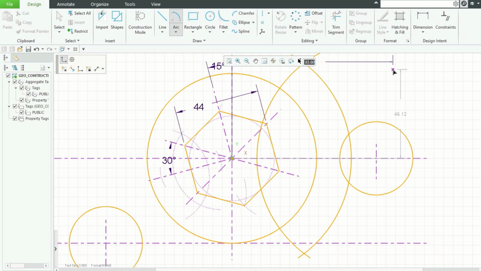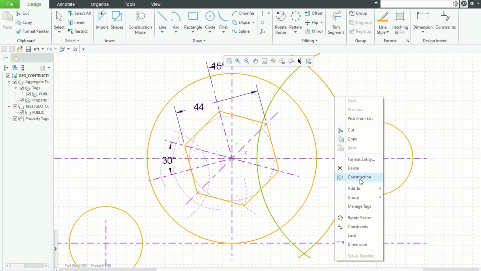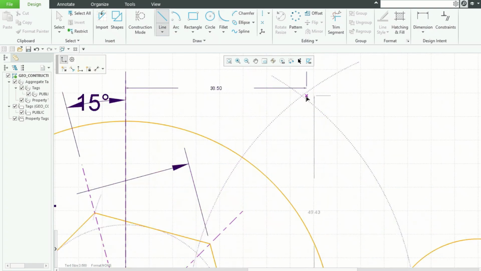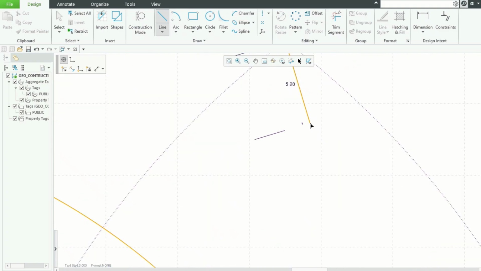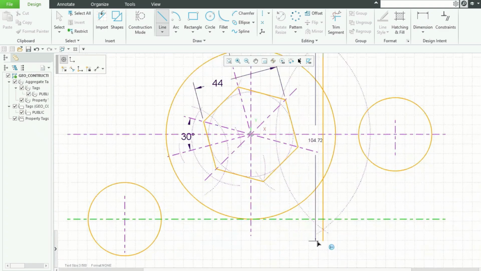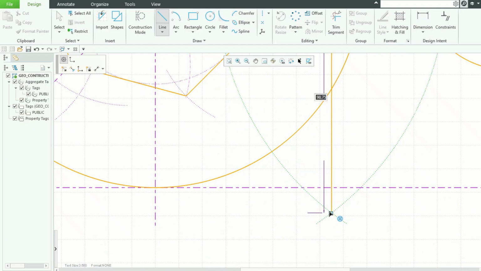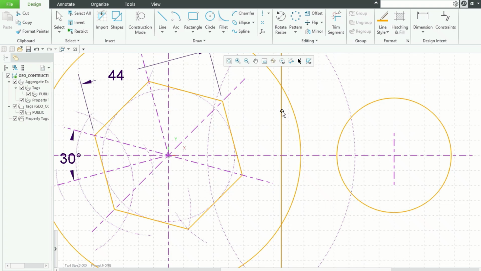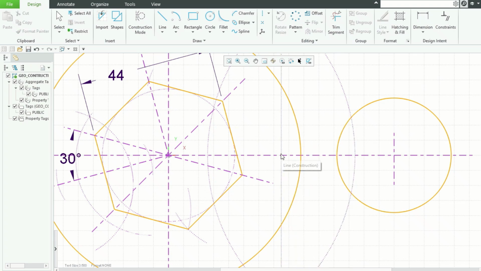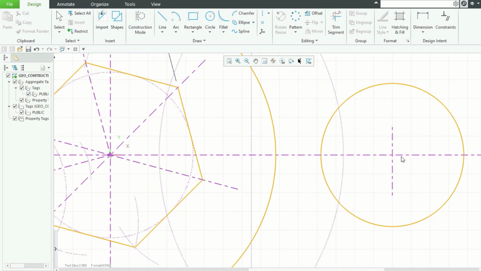Let's keep these two as construction only, and draw an intersection line from this intersection point to the intersection point of this. Then this line is also a construction element. This is actually the midpoint of this line segment.